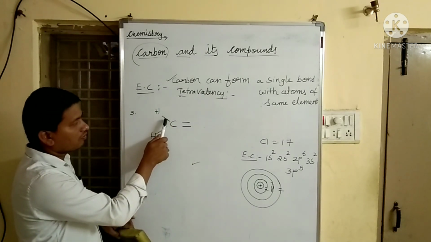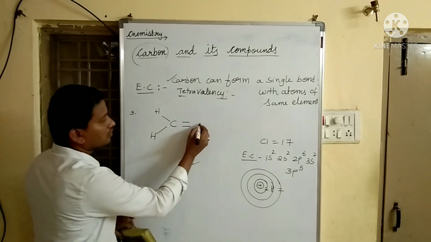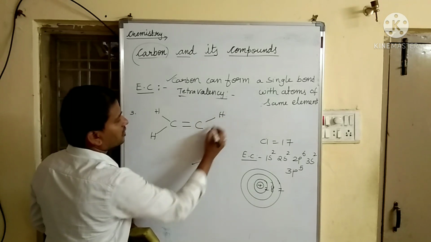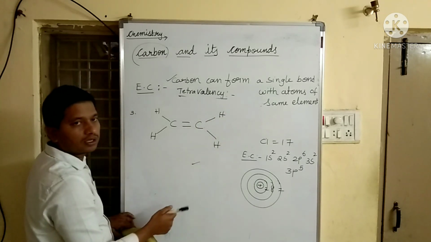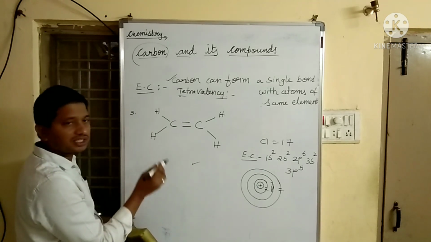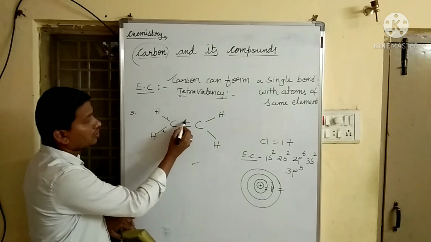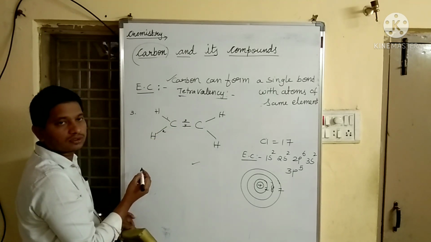You see 2 single bonds and 1 double bond. See here also, it can form 2 single bonds and 1 double bond. At last it is satisfying tetravalency. You see 1, 2, 3, 4.